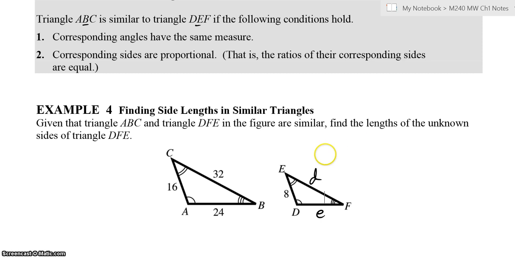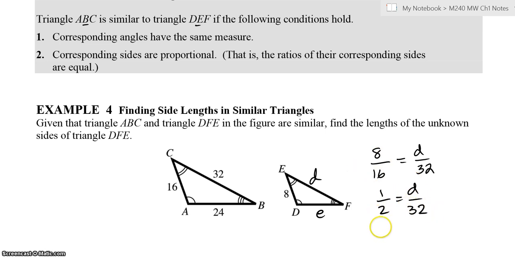And we can say that, I'm just going to start with small to large equals, so we have 8 to 16 because these are corresponding, so we have d over 32. And then you can actually solve this. You could reduce, you don't have to, but you could reduce this first if you want to make the numbers a little smaller.